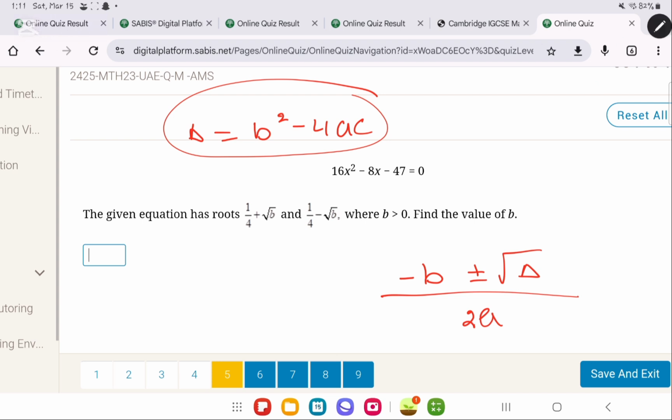So for this question over here, let us apply the following. The given equation has these roots where b is greater than 0. Find the value of b. First thing we're going to do is find the discriminant. Before we take anything, let us label our a, our b, and our c. Our a is this one over here, it's 16.